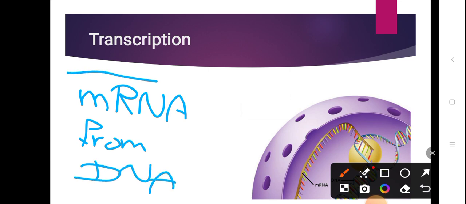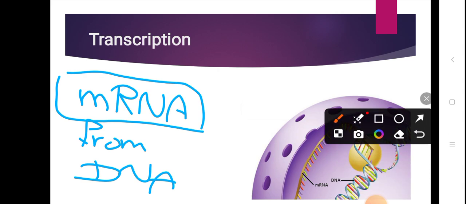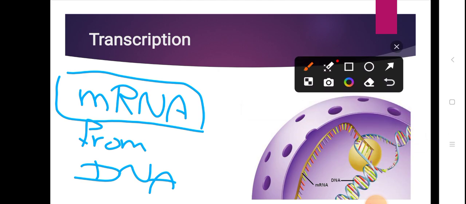This mRNA molecule carries what? Carries a message or instructions for protein formation or protein synthesis.